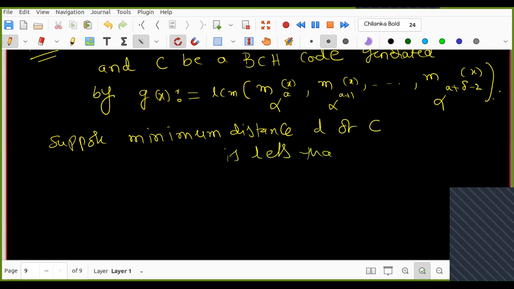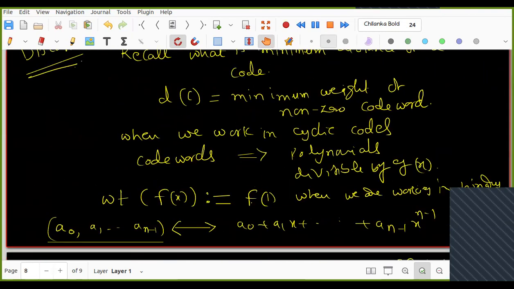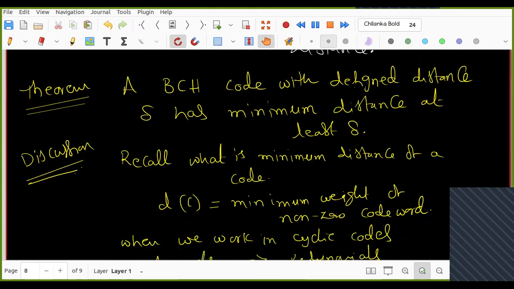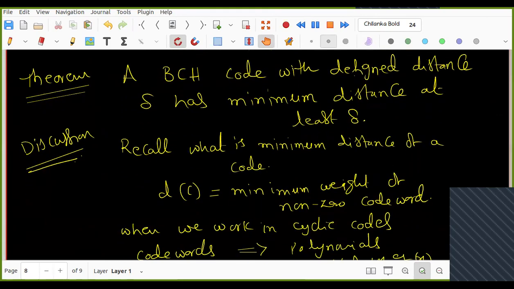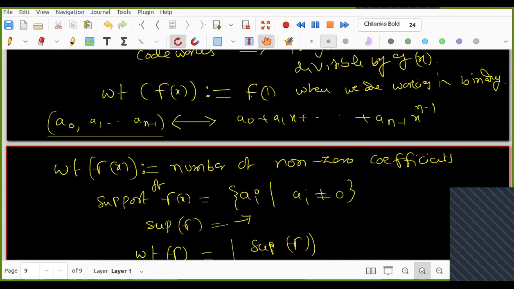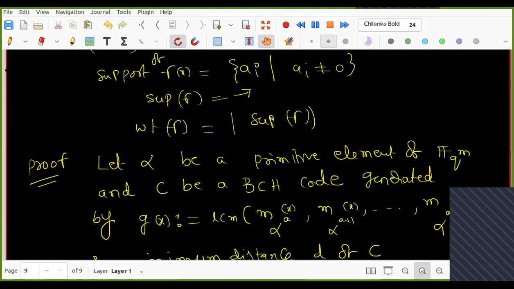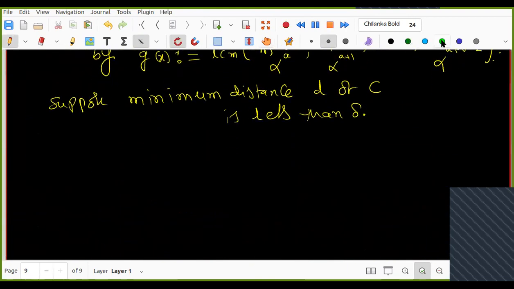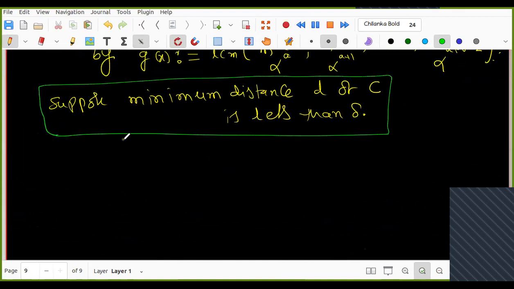Recall the statement: I want to show the minimum distance is greater than or equal to delta, but I am assuming that the distance is less than delta. Is it clear what I'm doing? Proof by contradiction.